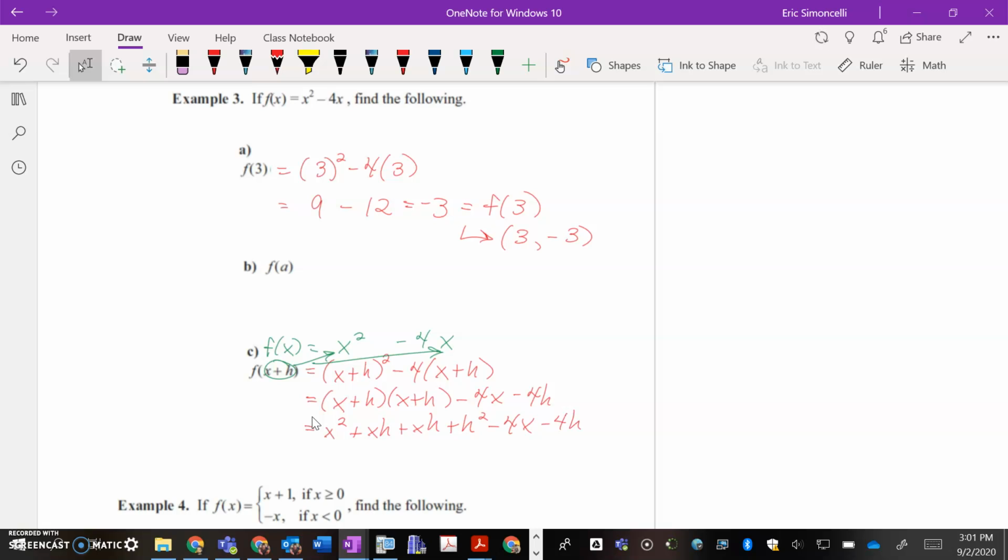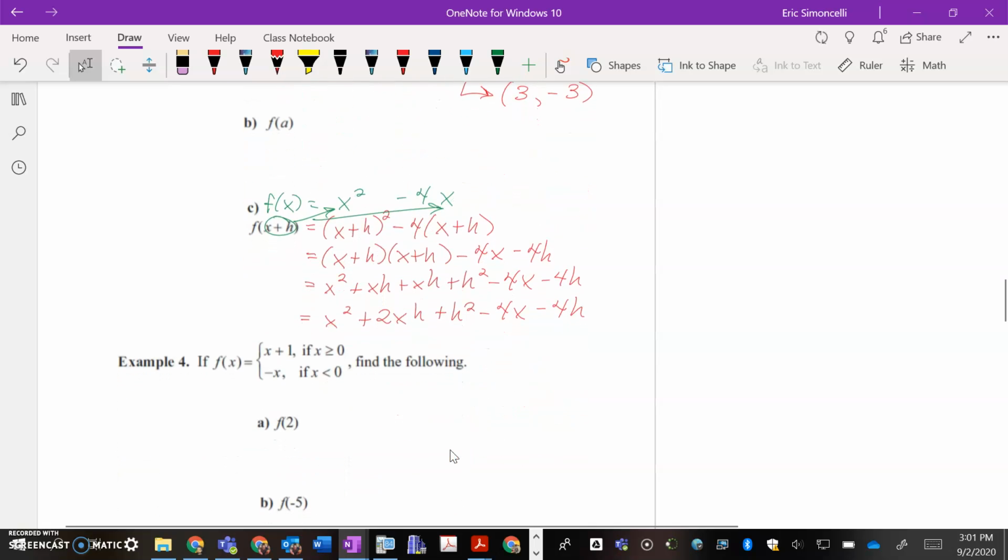Conveniently enough, there are going to be some like terms that unfold. So x squared plus 2xh plus h squared minus 4x minus 4h. It looks quite interesting as a final answer nonetheless, but it is an answer, and that's the answer.